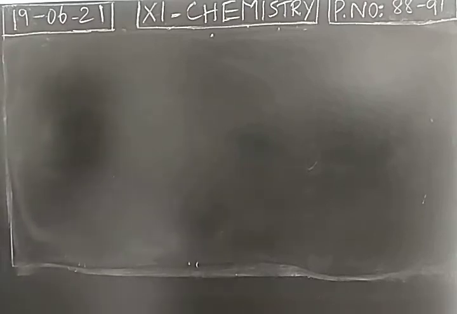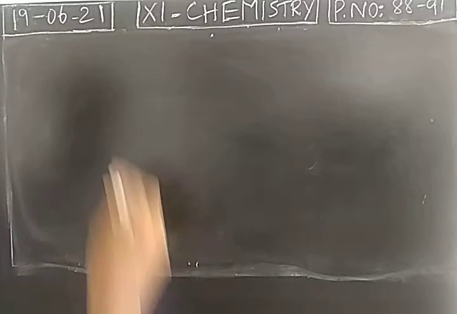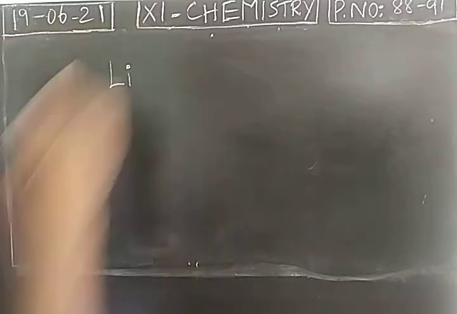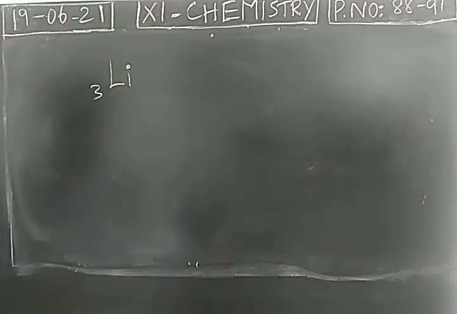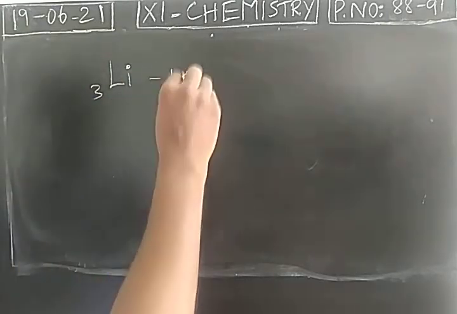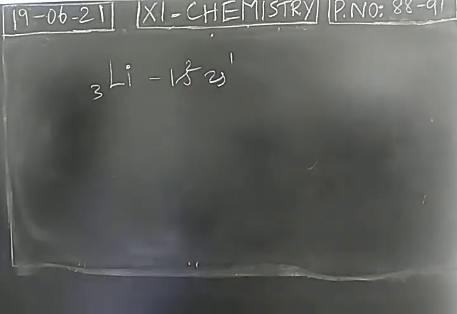Okay, how can we calculate the valence for an element? How to calculate valence? We know the atomic number of lithium is 3. It has 3 protons and 3 electrons.